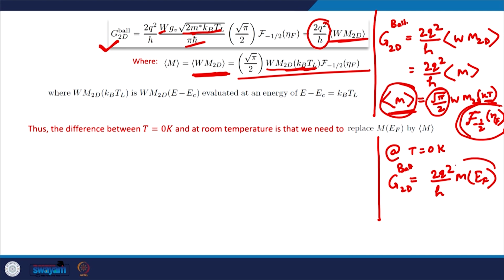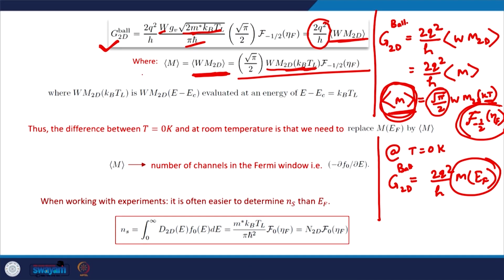Instead of M(EF), now we need to use the average of M. This average of M is the average of modes inside the Fermi window essentially, and the Fermi window at room temperature generally is only around 1 kT above the conduction band edge. Okay.